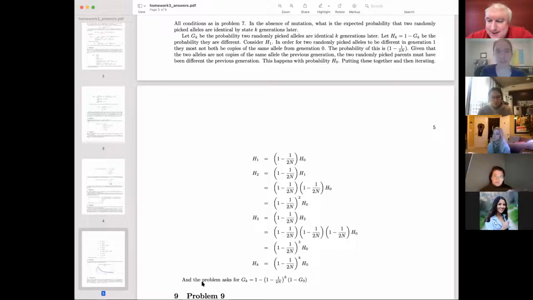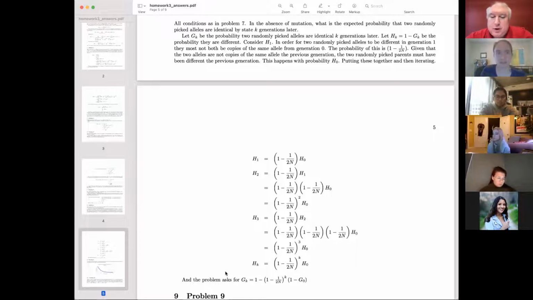Can I ask a question? We're talking about how these are probabilities of picking alleles that are different, but I didn't get that from the question, which was asking about them being identical by state. I interpreted that more as the homozygosity as opposed to the heterozygosity, so I didn't arrive at this answer.